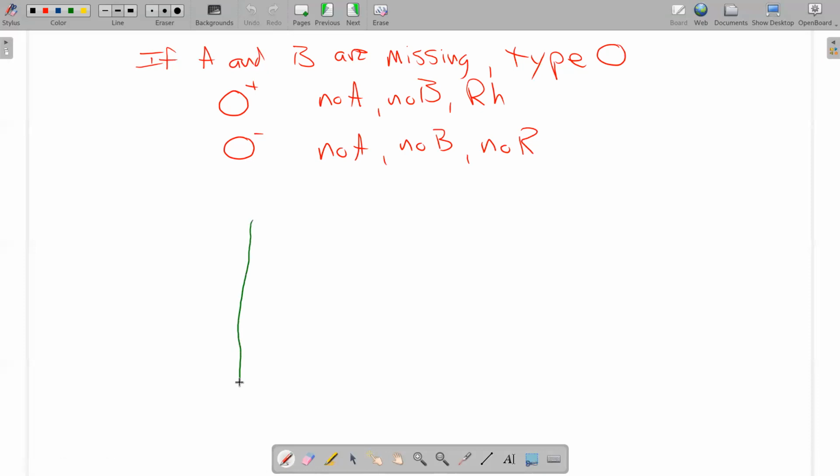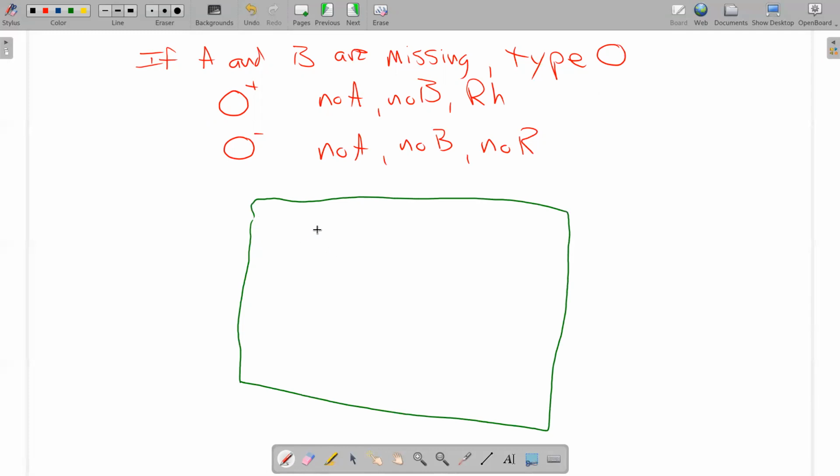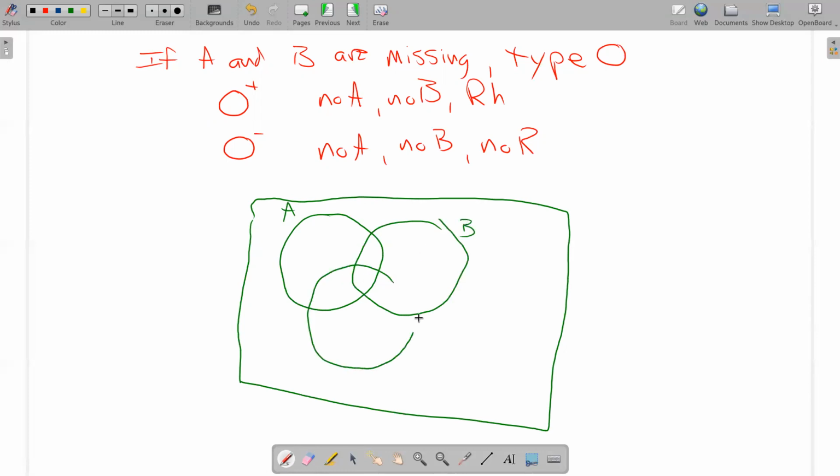So here's our universal box. And we have A, we have B, and we have RH. And what we want to do is give a name to this group here, those 69 people.